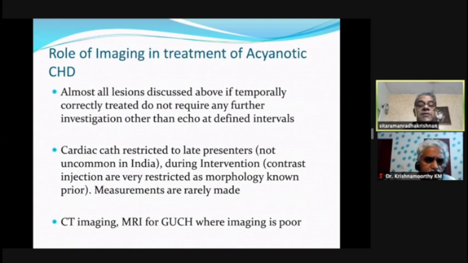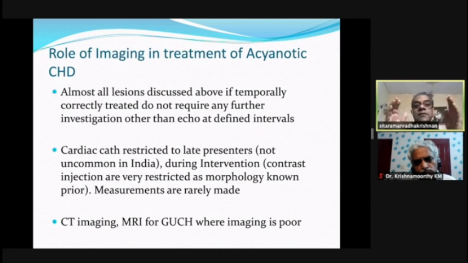Almost all lesions discussed above, if they are correctly treated, do not require any further investigations other than echo at defined intervals. So if you have done everything at the correct time, in the follow-up period all you require is good imaging by echocardiography to define hemodynamics, function, etc. It is only a small subset of patients, which is actually increasing in the Western population, where you have to assess pulmonary hypertension correctly.